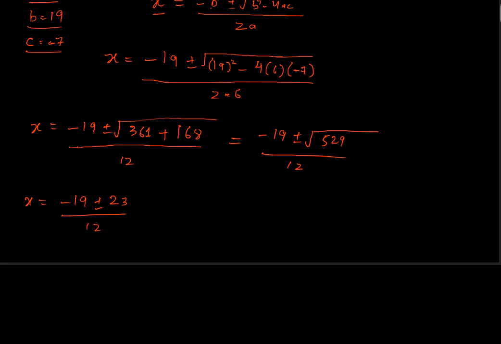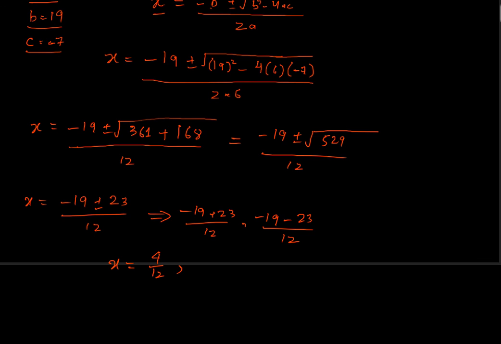Now it is actually two values: negative 19 plus 23 divided by 12, and negative 19 minus 23 divided by 12, because here you have plus minus. So you take the positive value 23 and also the negative value. Negative 19 plus 23 is 4, so 4 divided by 12, which is 1 over 3.